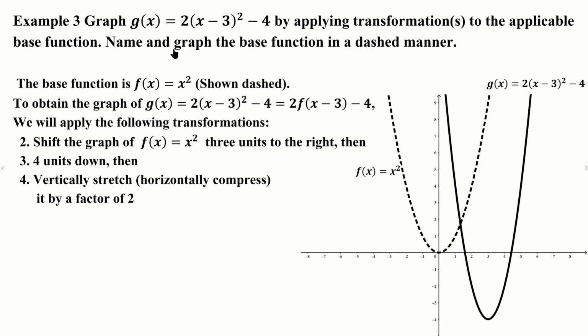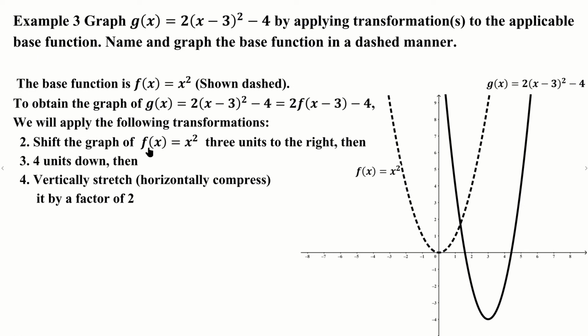All right, so with this one, we're going to do a few transformations on the reference function x squared. Now, there are different orders in which you could do it, but the easiest thing is to work on the innermost part first. That's consistent with the order of operations. So what we'll do is take care of this business of x minus 3 squared.